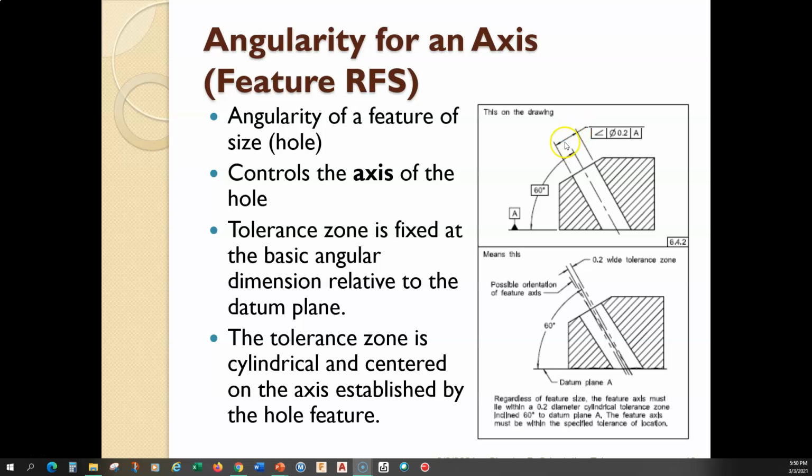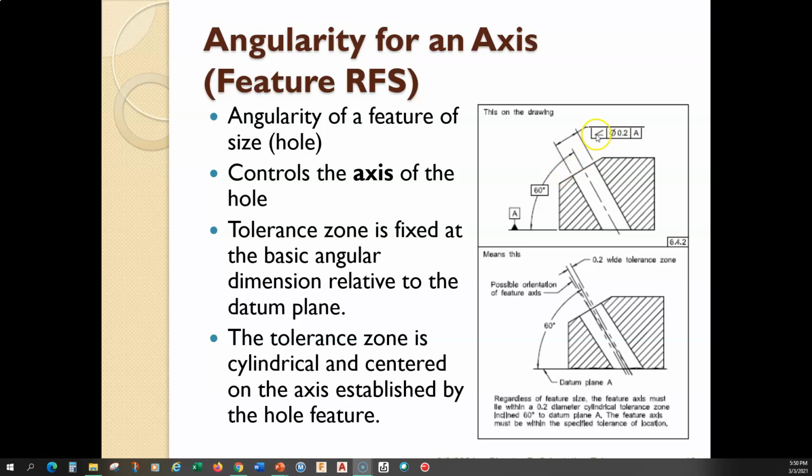In this case, the dimension is missing, but it doesn't really matter for this example here. And because this is a hole feature, a cylindrical feature of size, we must include a cylindrical tolerance zone. So that means we need to include a diameter symbol in the tolerance value.